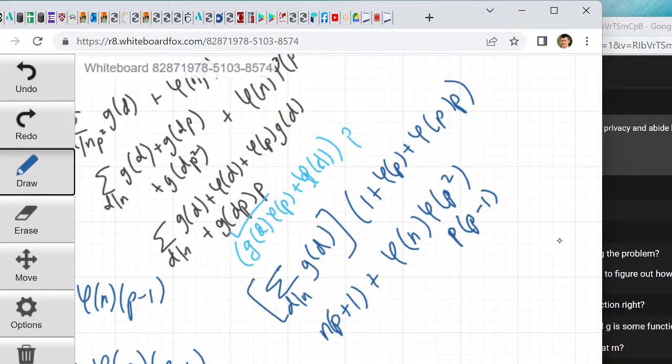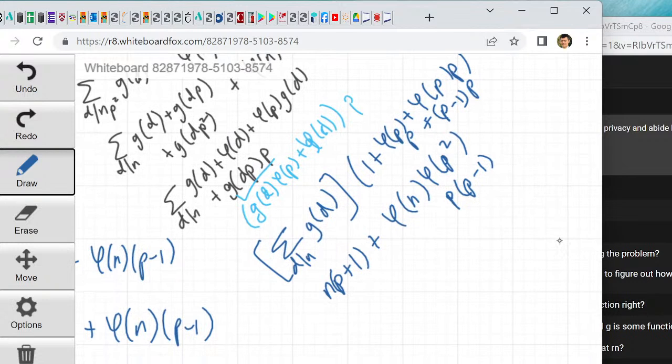So I need a, and this is p plus p minus 1 times p squared. So I need p more of phi of n's.